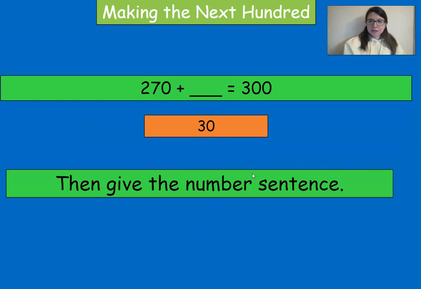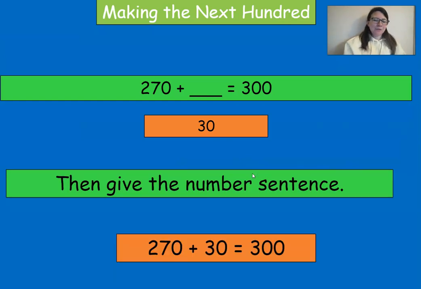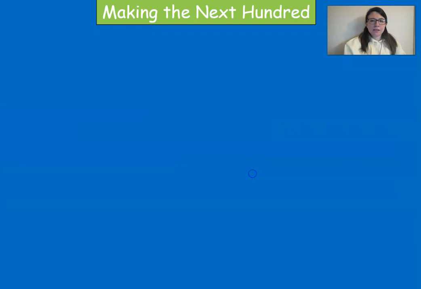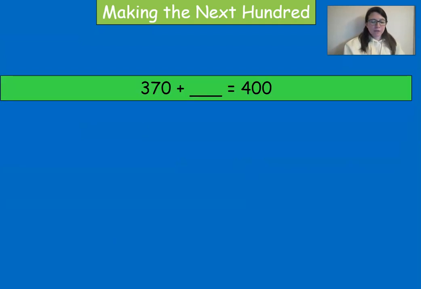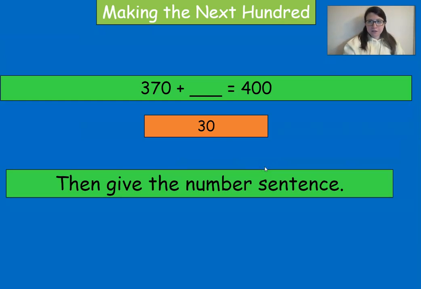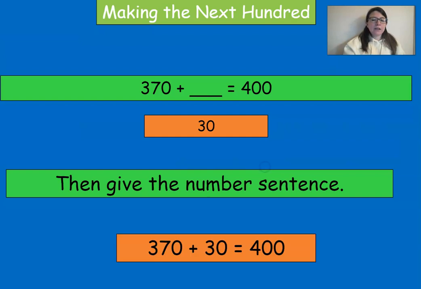What's the number sentence? Nice job. 270 plus 30 equals 300. Excellent work. Alright, we're just amping it up a little bit, but we're doing the same thing. Count by tens till you get to the next 100. Good. 30. Tell me it in a number sentence. 370 plus 30 equals 400.